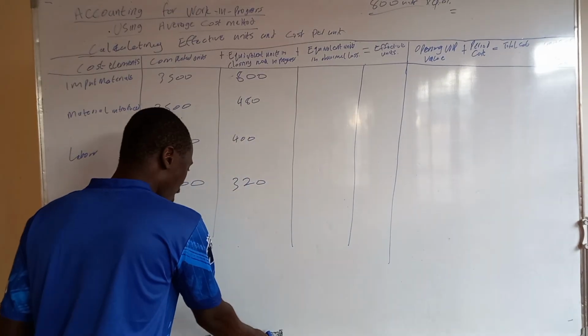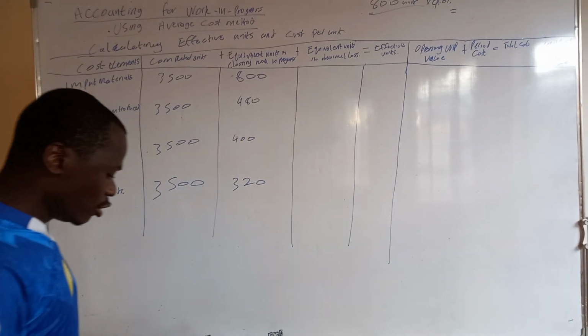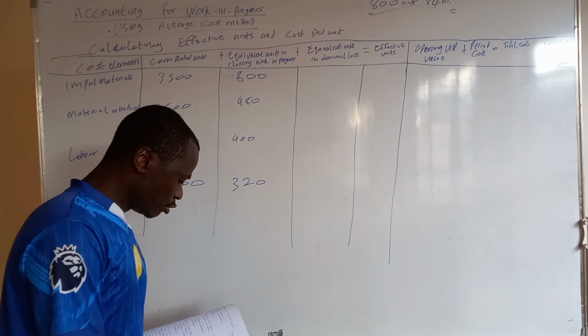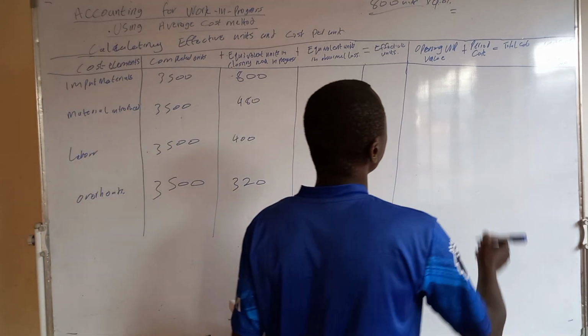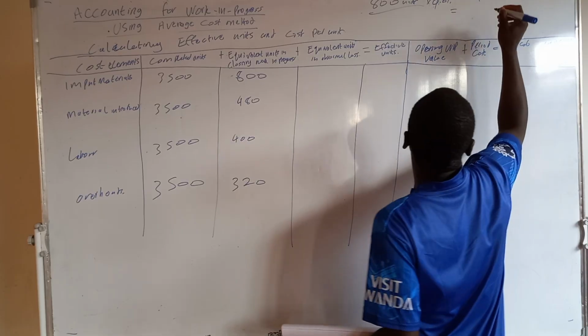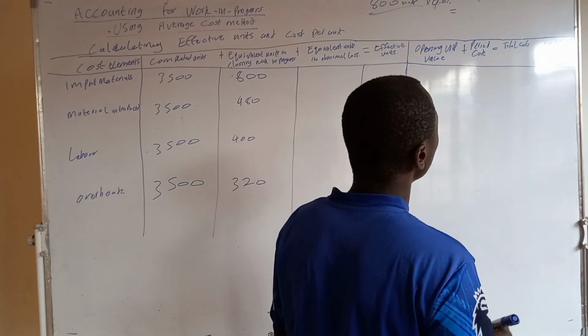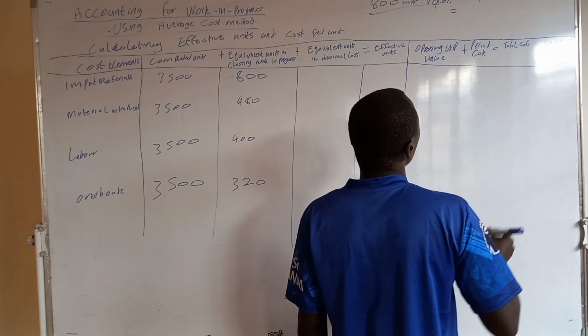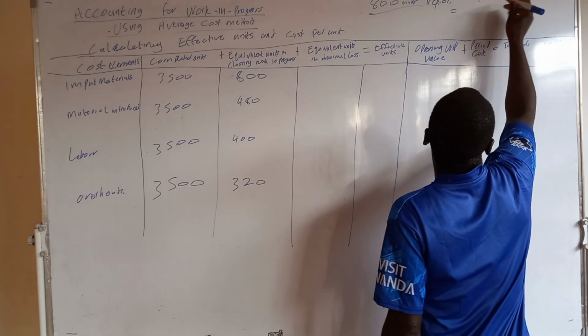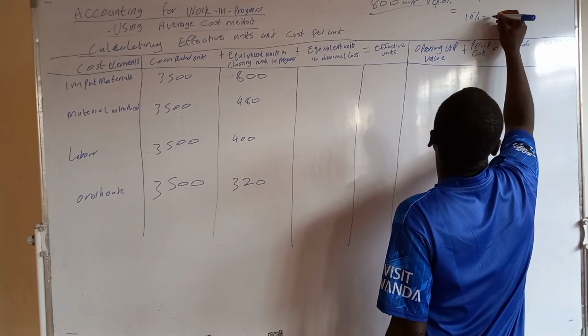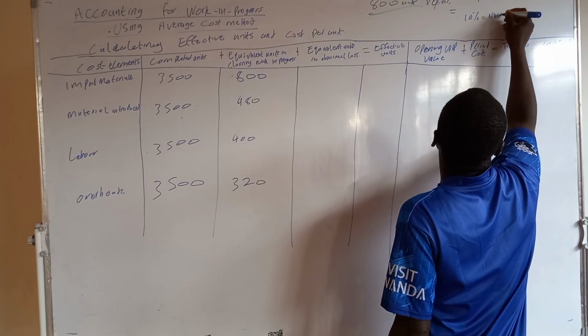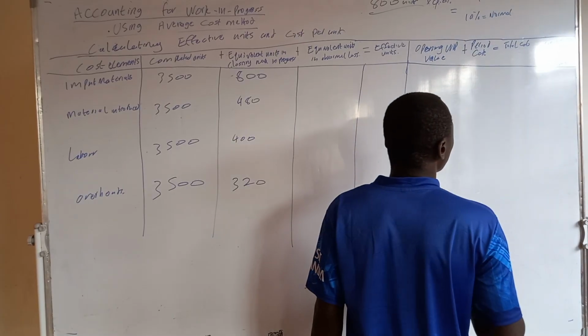Now we go to equivalent units in abnormal loss. Last time we calculated, we had 10. Just to remind you, remember we had 10% as normal loss.